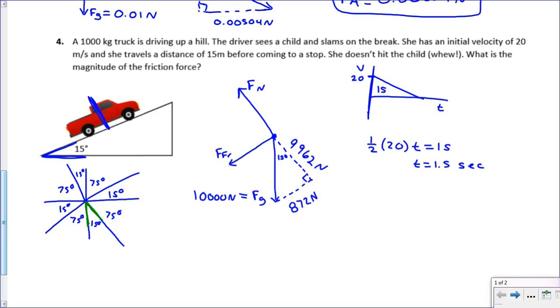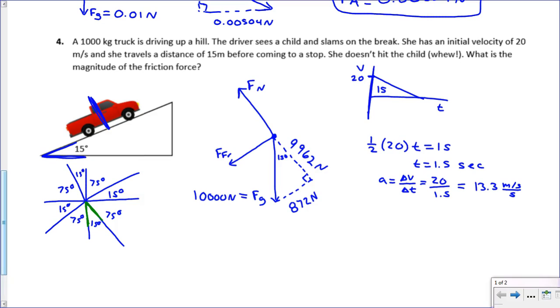Okay, and then we can find the acceleration. Acceleration equals change in velocity over change in time, which in this case equals 20 over 1.5. Which gives us 13.3 meters per second squared. Okay, that's our acceleration.